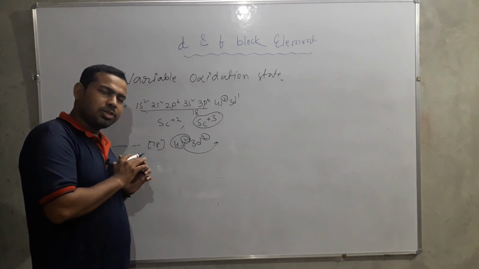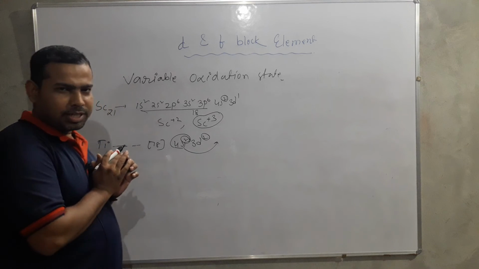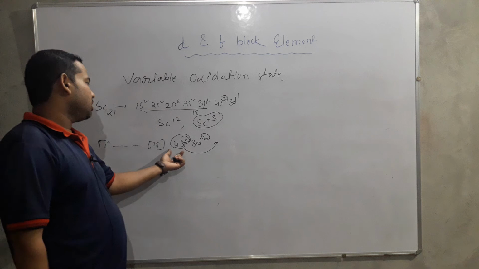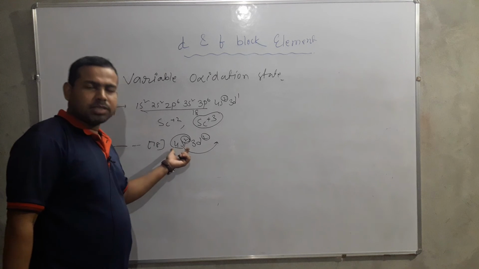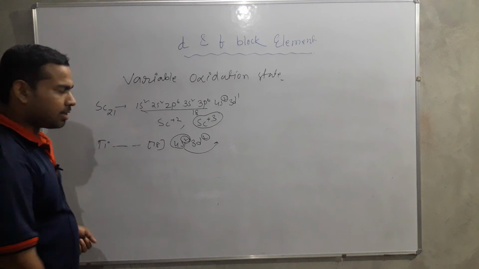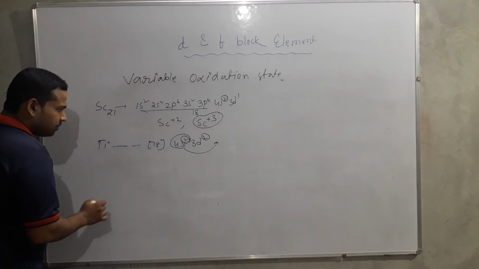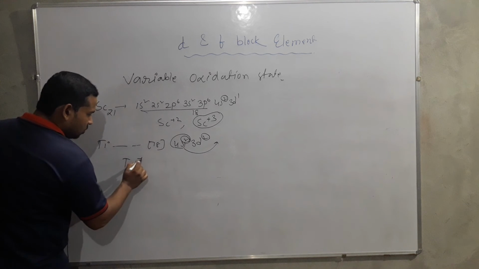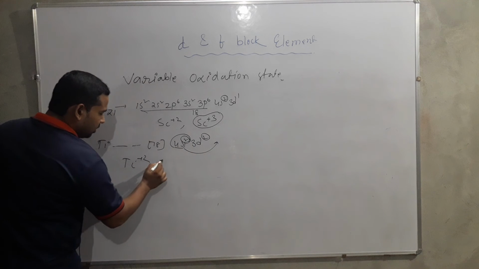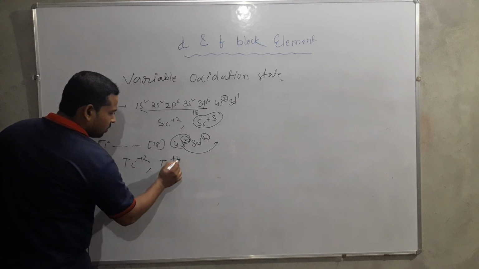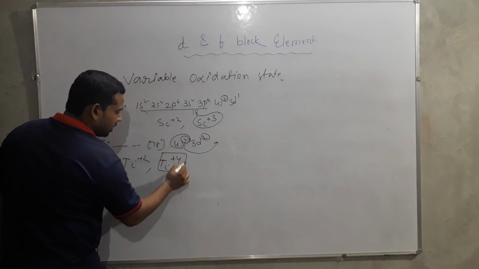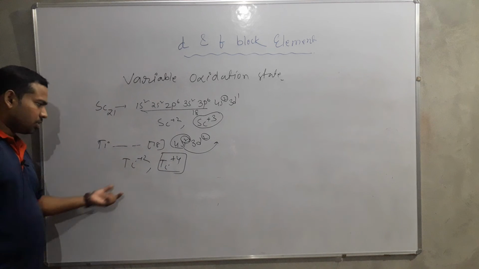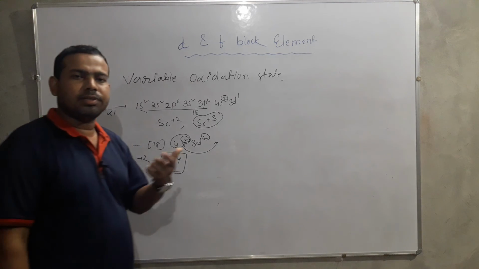The scientists arranged the orbitals according to energy order, so that's why we put 4s before the 3d. Clear? Titanium shows plus 2 if it loses 2 electrons. If it loses 4 electrons, titanium becomes plus 4. But among them which one is more stable? This plus 4 is more stable. So titanium shows two types of oxidation states, but it is more stable in the plus 4 oxidation state.